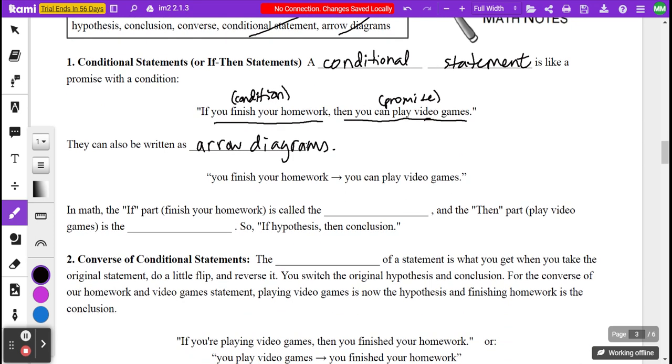In math, the if part, if you finish your homework, is called the hypothesis. So the condition is the hypothesis. And the then part is called the conclusion.